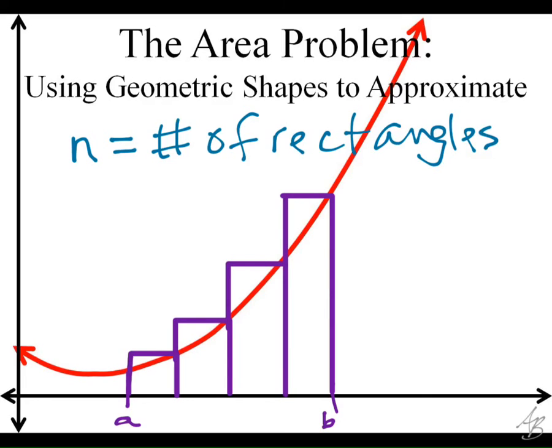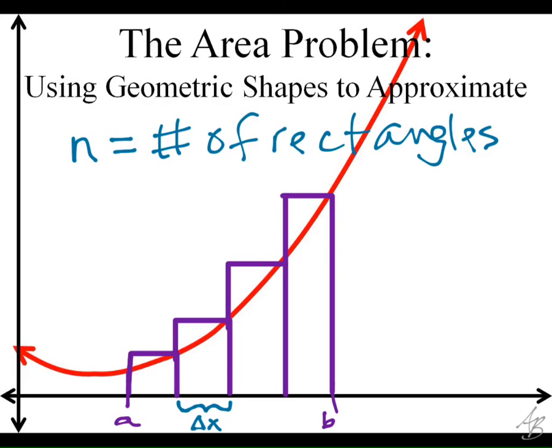If we want to know the width of the interval, how would we find that? The width of the interval would be the distance from A to B. How would we find that? B minus A.